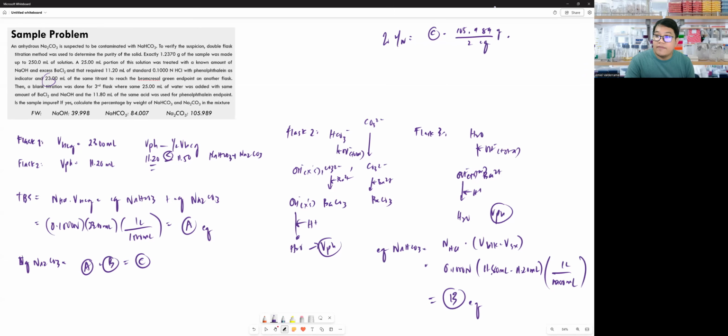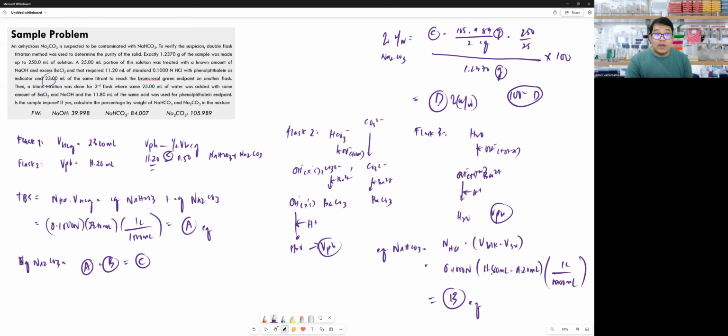So 250 divided by 25, over 1.2370 gram. So this will become gram per gram. So correct, percent weight by weight. Times 100. Okay? So our answer here is letter D, the percent weight per weight. Whatever that value is, store it in your calculator, and what you will answer is percent Na2CO3. Then the percent sodium bicarbonate, you can just compute as 100 minus D.